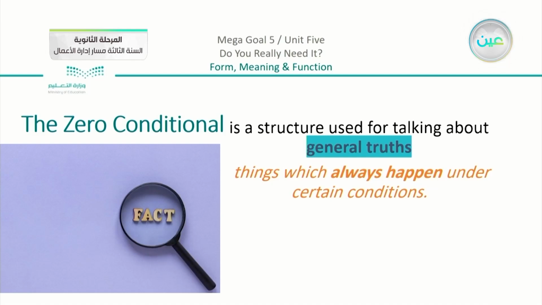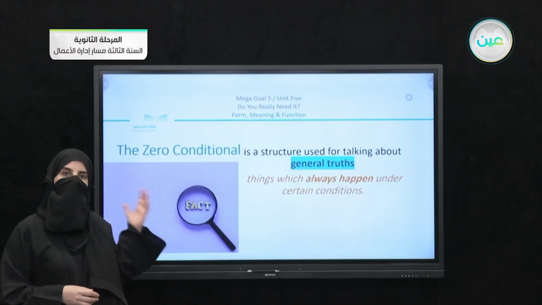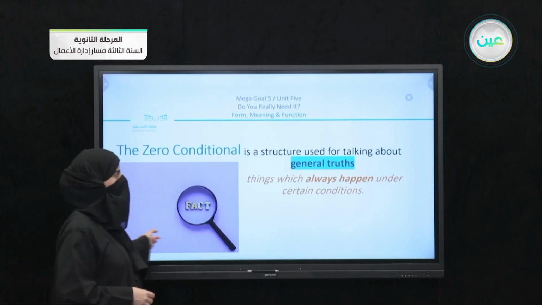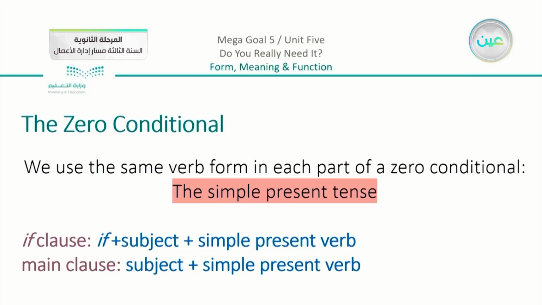So when you say the sun rises, the moon appears at night, these are general truths, these are facts. So as we deal with these facts, these general truths, when I use them with if, there is zero possibility for anything else to happen. So when I use if with zero conditionals, we use the same verb form in each part of a zero conditional.